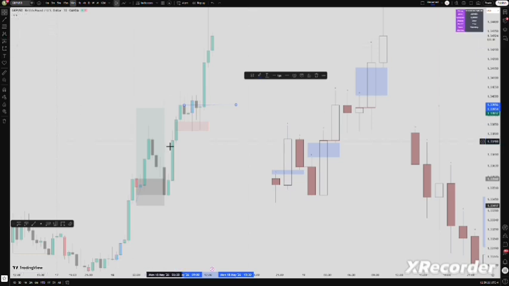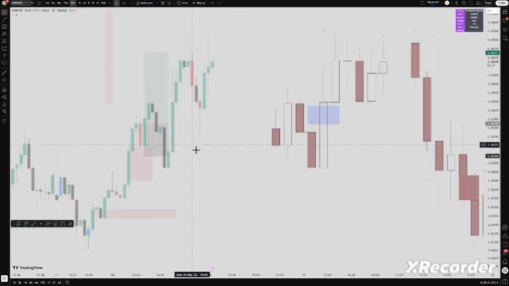However, on GU, we did take the entry as we aligned the 30-minute continuation sequence with our 15 minute price action. I placed a limit order somewhere around here and took longs. After this close, I set my limit here, and I set my stop loss just below the invalidation point.